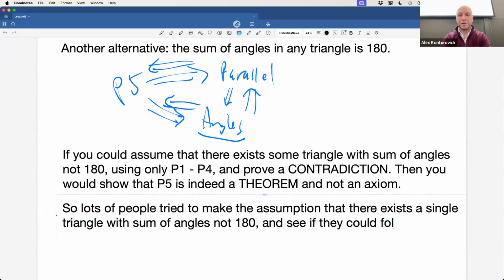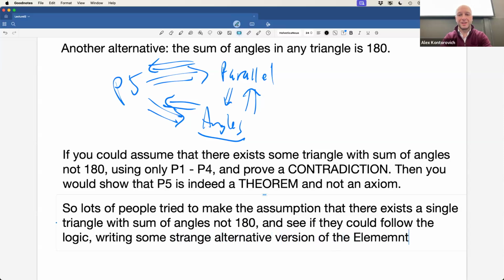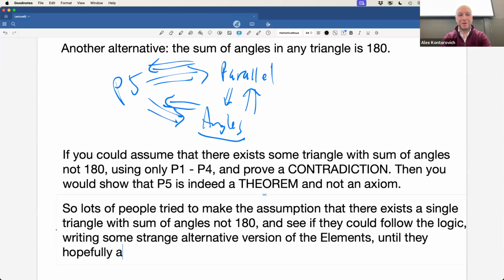They could follow the logic, writing some strange alternative version of the elements, until they hopefully arrive at a contradiction. Then they'd be very rich and famous. I don't know about rich, but famous.